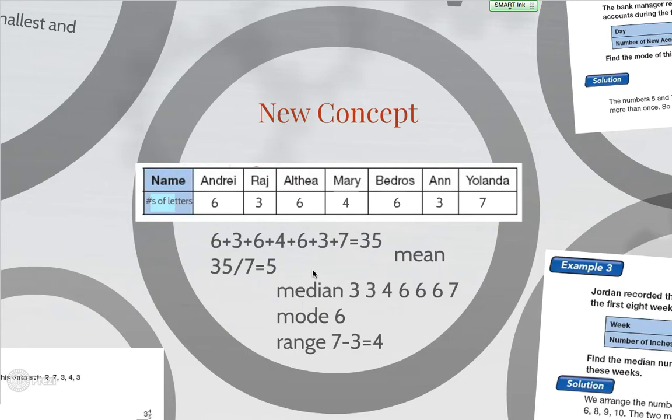Now, the next portion I want to talk to you about is the median and how you find the median. The median number is basically the middle number of the data set. So you take all these numbers and order them from least to greatest. What I put here is 3, 3, 4, 6, 6, 6, 7. To find the median number, look at the word median.